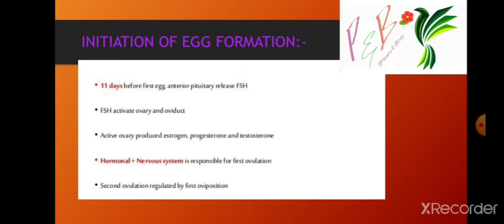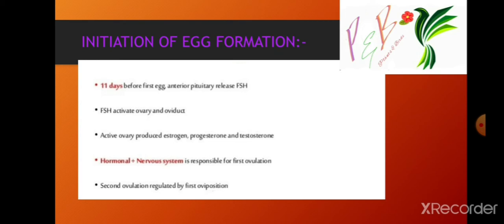FSH activates the ovary and oviduct. The active ovary produces estrogen, progesterone and testosterone.